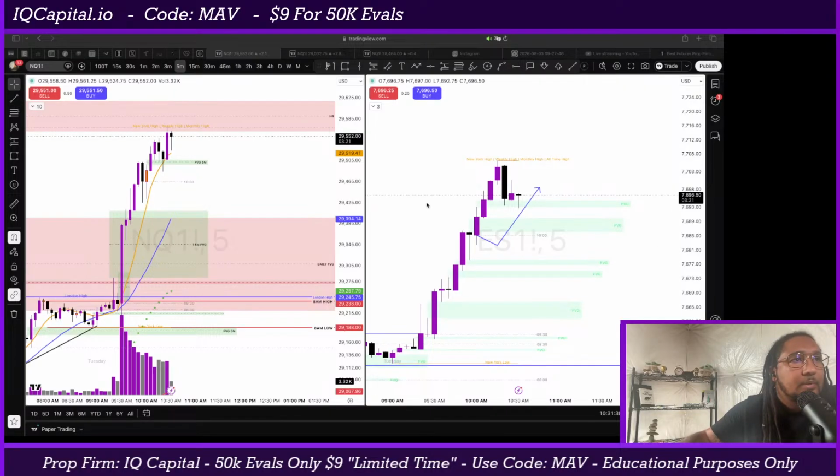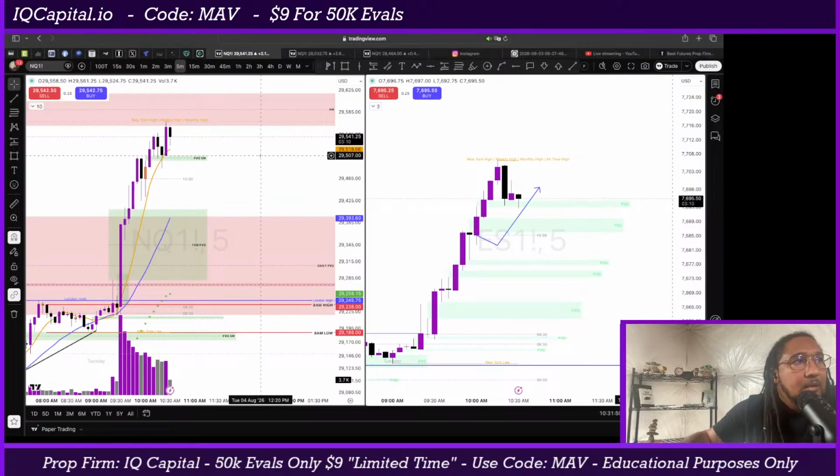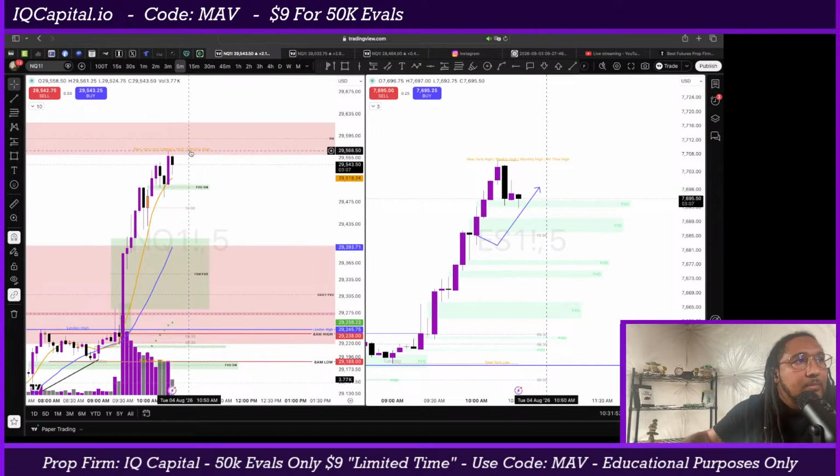So we did get a tap and a rejection from that 4-hour fair value gap. We're coming down. It looks like we're trying to retest that area.